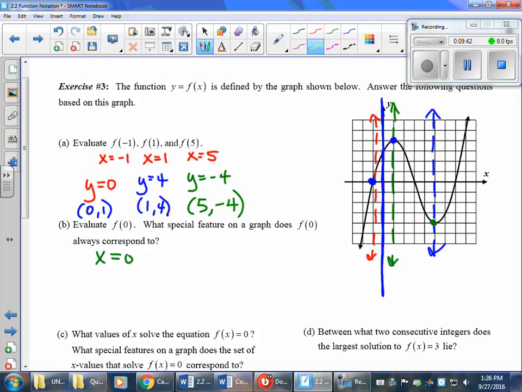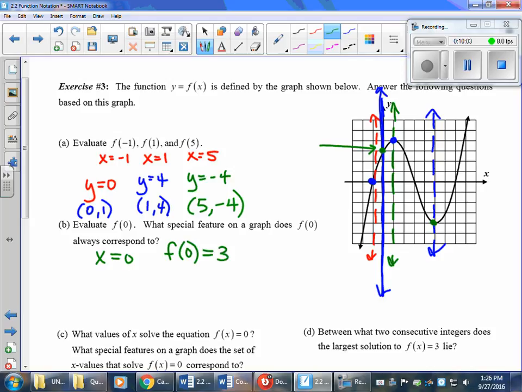So when x is equal to 0, that's the same as our y-axis. So we're looking at this point right here, which is positive 3. So f of 0 is equal to 3.